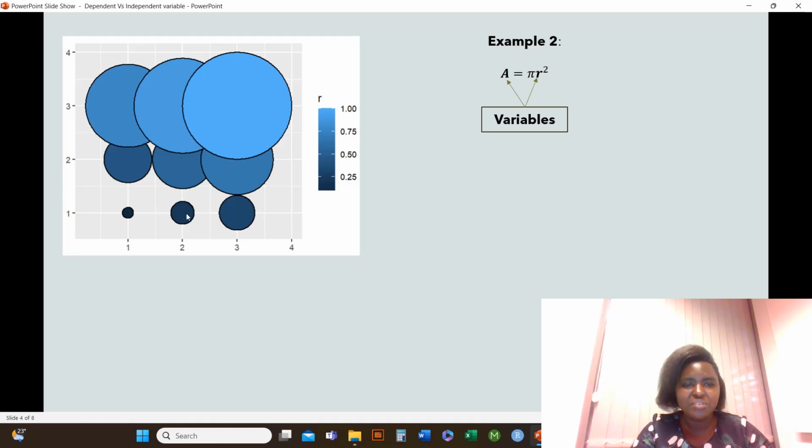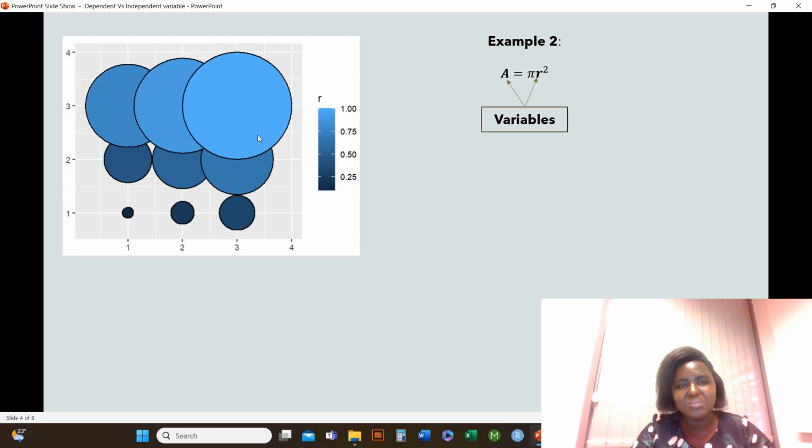Whereas this circle is centered at point 3, 1, but the radius goes from 3 to some value, maybe 3.4. Then the radius will be 0.4, and the area is small.